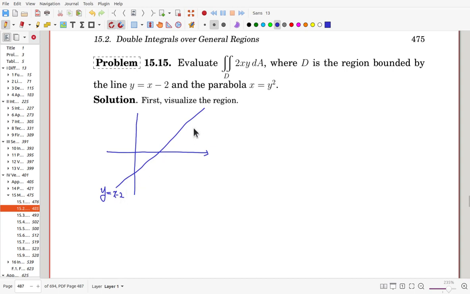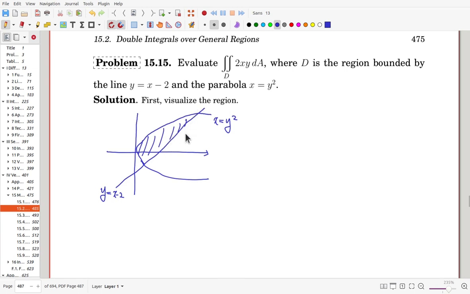And x is y squared. That will be a parabola of this shape, passing through the origin and coming out. So that is x is y squared. So bounded by these two curves, that means this is the region.